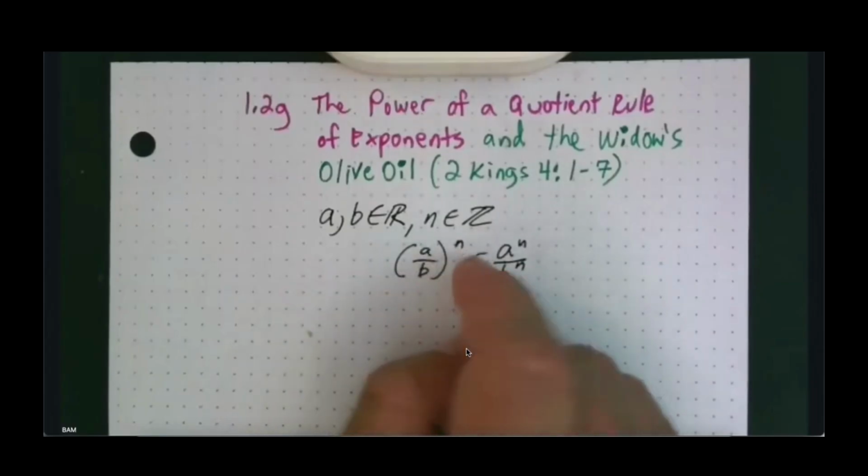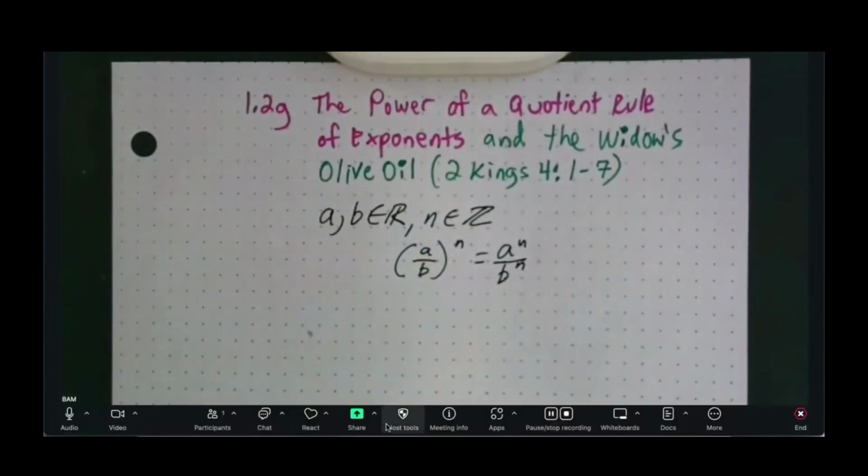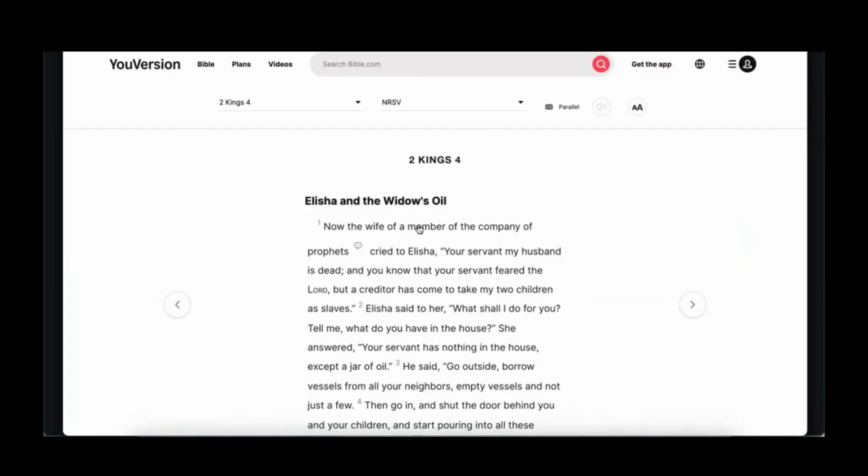And this reminds me of the story from 2 Kings chapter 4, which says, "Now the wife of a member of the company of prophets, or sons of the prophets, cried to Elisha, your servant, my husband, is dead, and you know that your servant feared the Lord, but a creditor has come to take my 2 children as slaves."